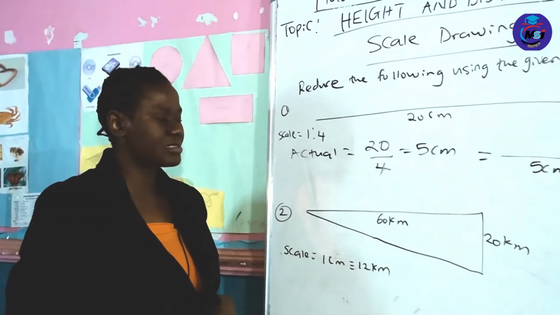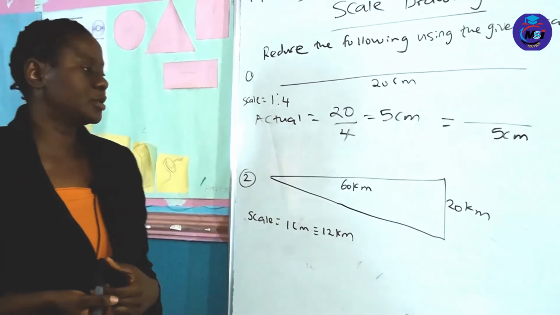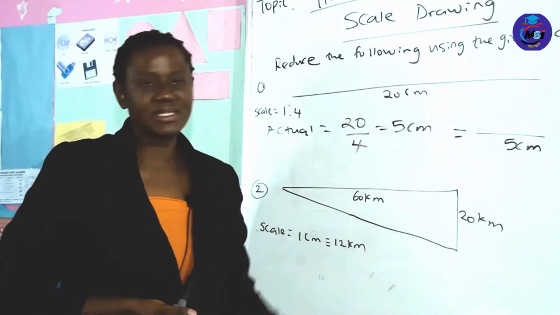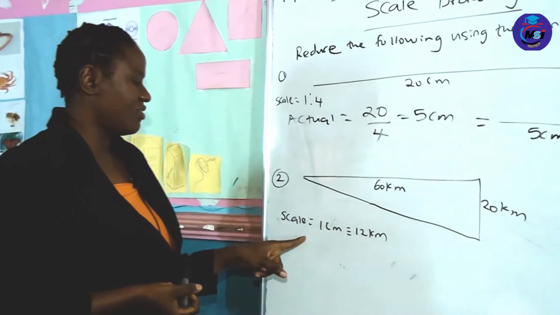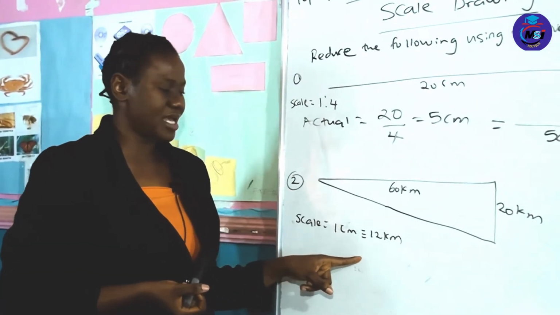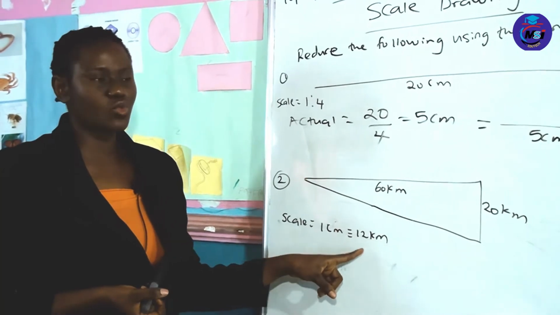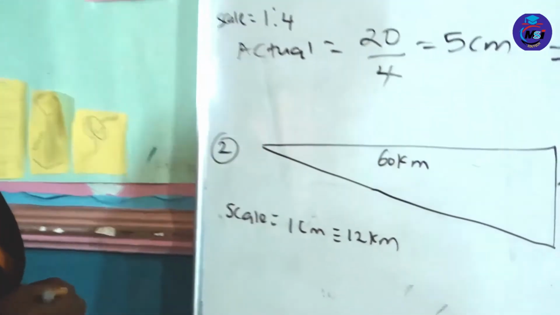Now we have a triangle with sides 60 kilometers and 20 kilometers, and we are given a scale where 1 centimeter represents 12 kilometers. So what do we need to do?